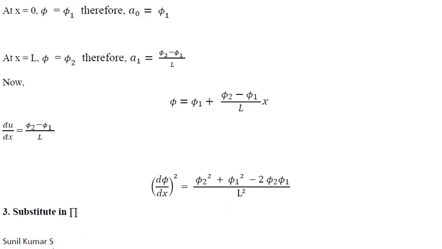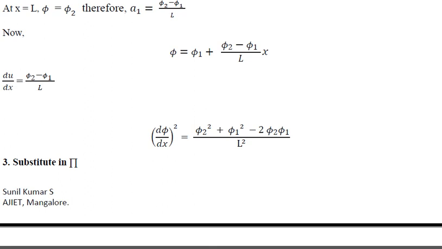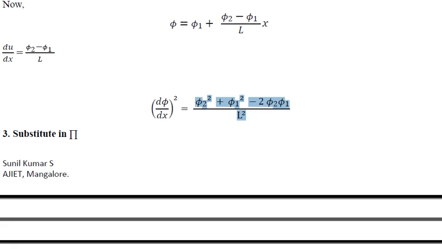Pi you have to differentiate. If you differentiate it, you get pi 2 minus pi 1 by L. It's not double differentiation, if you square it, you will get this expression. This expression we will substitute in the pi equation.